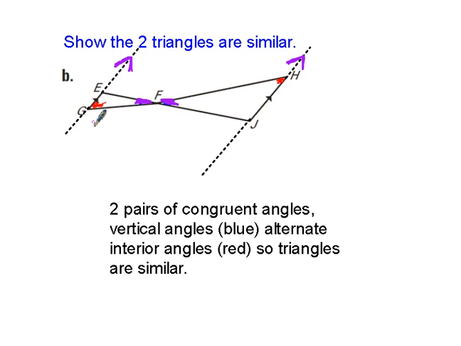So we can say angle EFG is congruent to angle HFJ, because we know all vertical angles are congruent. But when we have parallel lines, we have a whole mess of angles congruent.